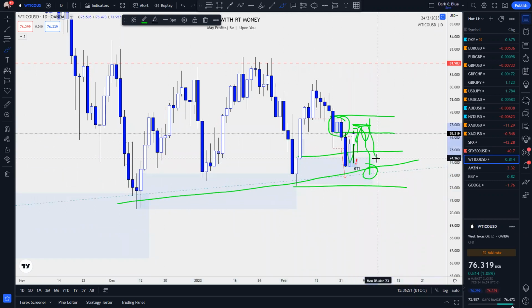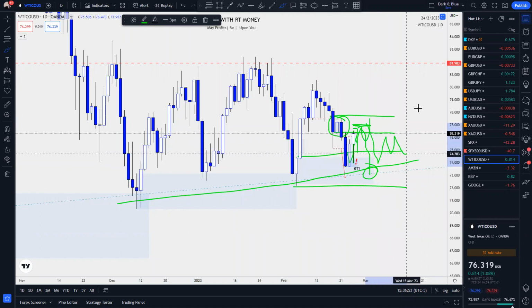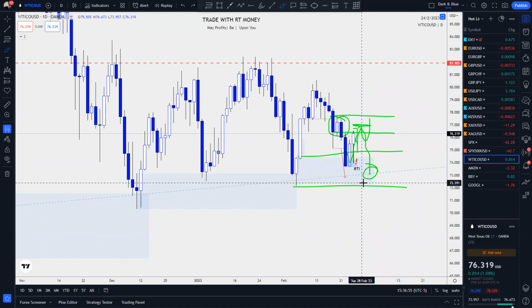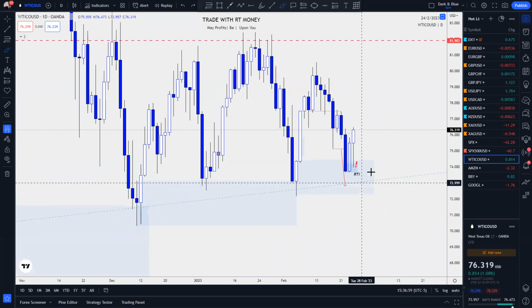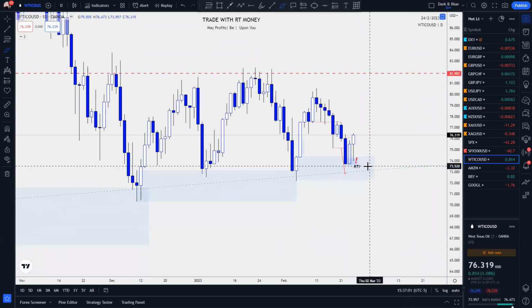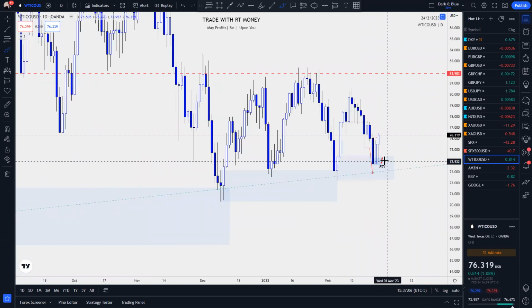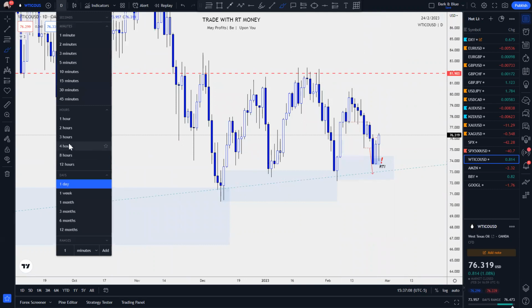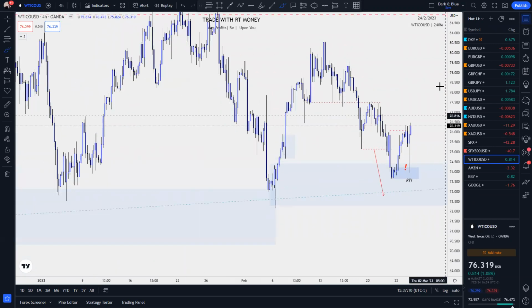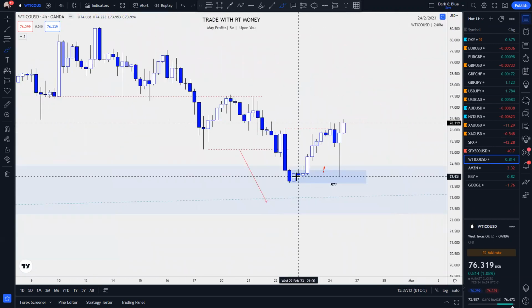If we get that and I get confirmation, I would love to take that long because I believe price is going to go higher. I do. And if we get confirmation of it, then this will be a great entry, in my opinion.